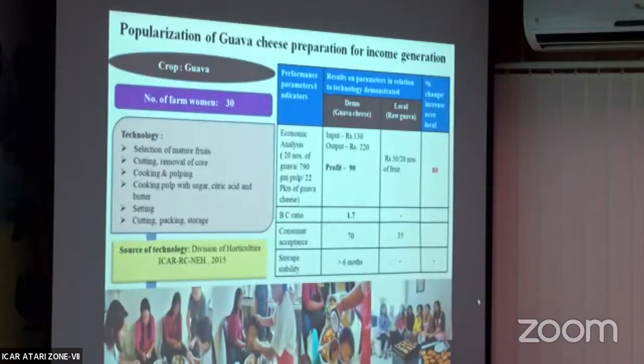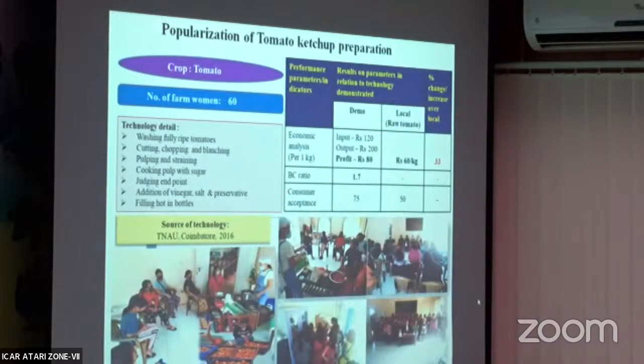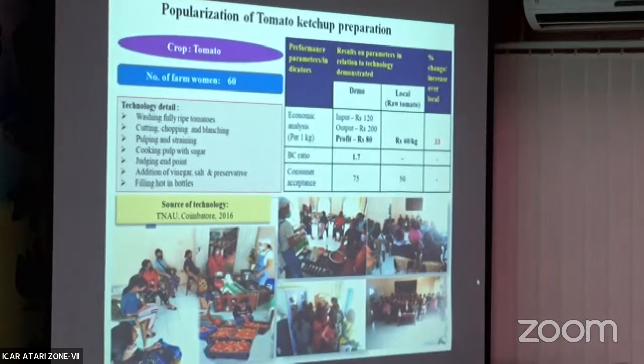Popularization of gulab jamun preparation for income generation. Here also, from the economic analysis of 20 numbers of gulab jamun, we have a profit of 90 rupees, which is 80% increase over the local practices, with a BC ratio of 1.7. Preparation of tomato ketchup, from the result of economic analysis of 1 kg of tomato, we have a profit of 80 rupees, which is 33% increase with a BC ratio of 1.7.